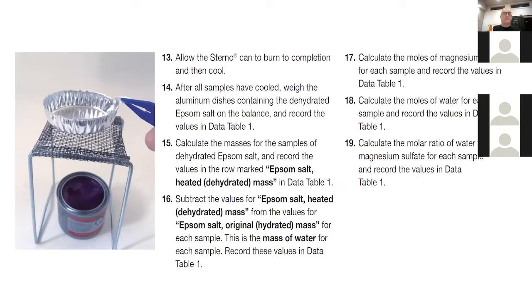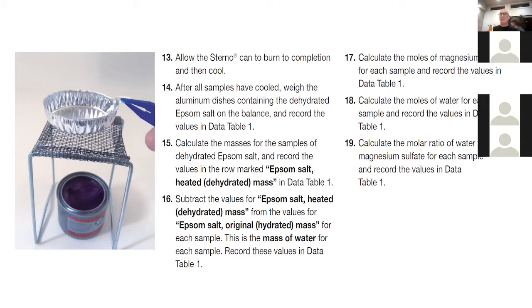So this is just the basic setup. The Sterno can, I don't know how many of you have worked in the food industry, but you see these all the time, like under chafing dishes and heat trays and stuff like that. It's basically an alcoholic gel. And when you light it, I think it'll burn for about 45 minutes or so.